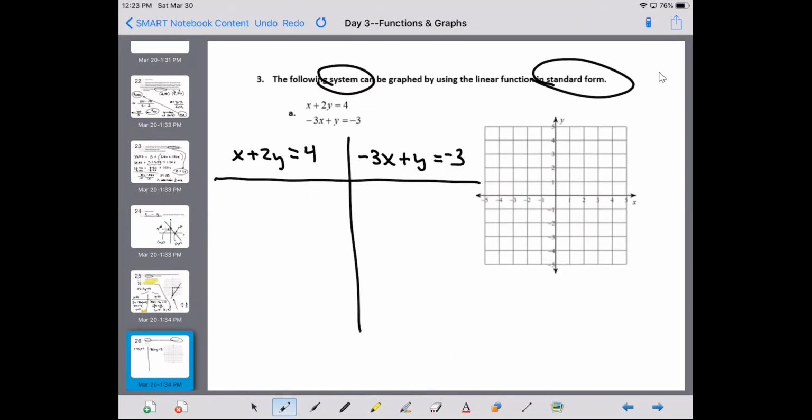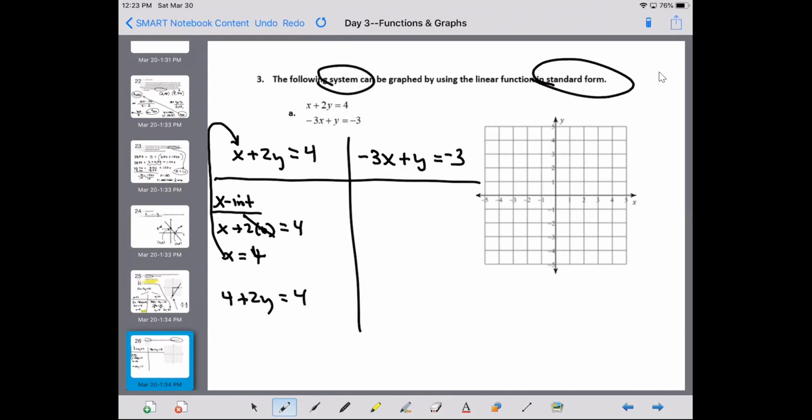So for the x-intercept, we're solving for x, with 0 substituted for y. That goes to 0. X is 4. So then I'm going to substitute 4 back into this equation to figure out y. So 4 plus 2y is equal to 4.